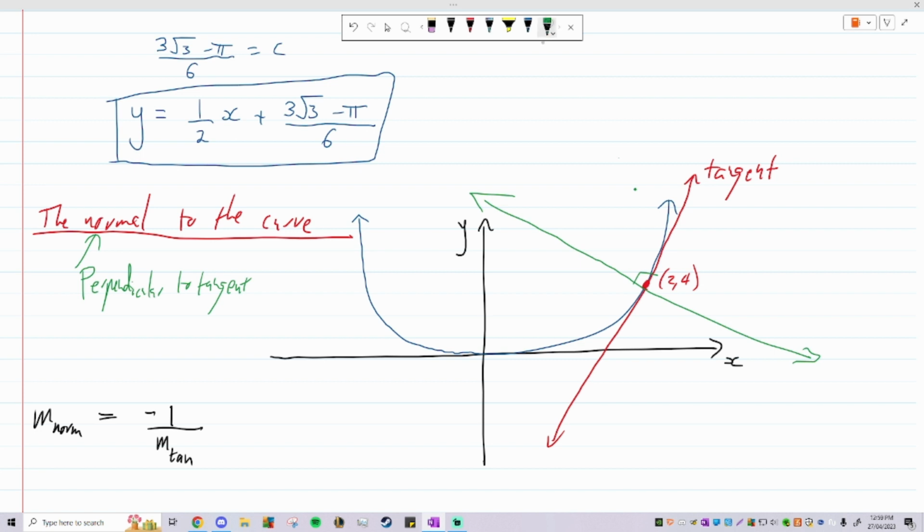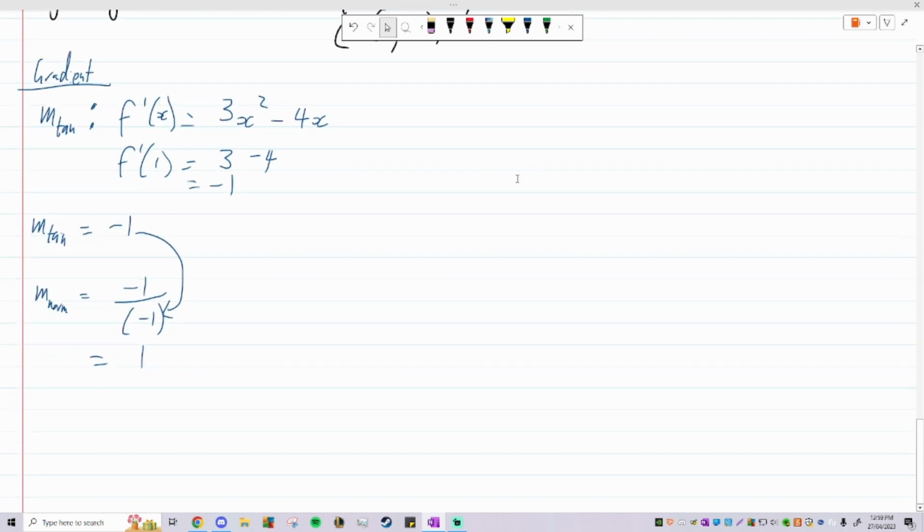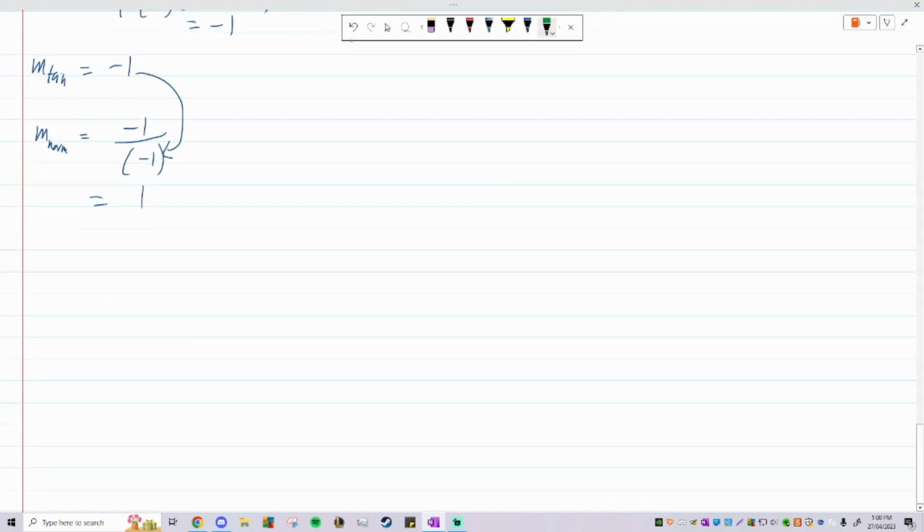The normal is still a straight line. It's not a curved line, it's always a straight line. So I'm still going to have y equals 1x plus c, because I'm still looking at y equals mx plus c, taking that 1 from above.